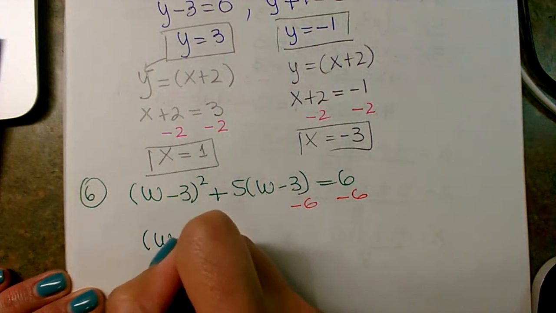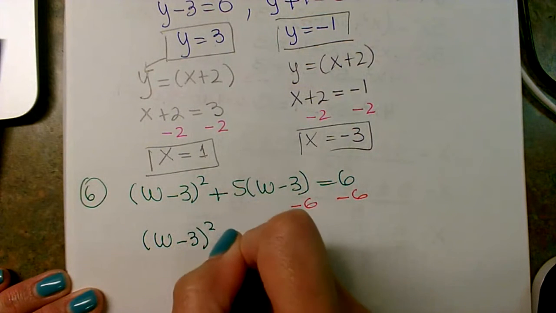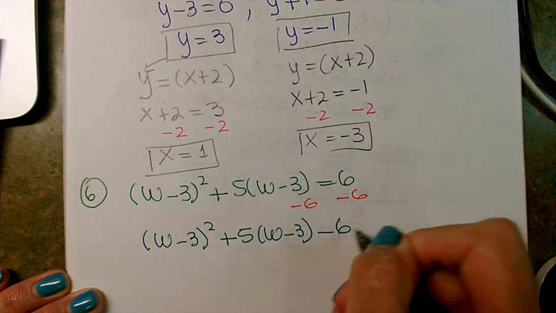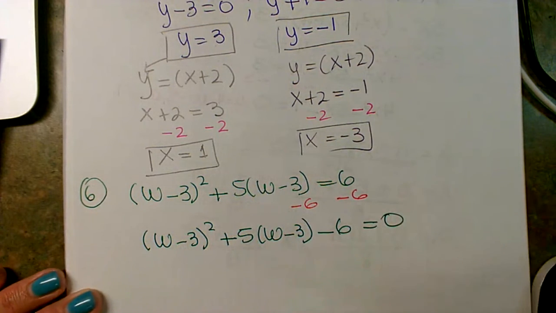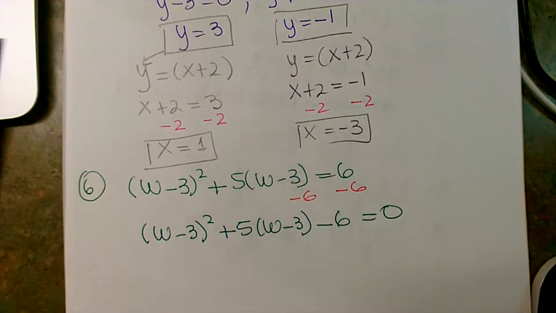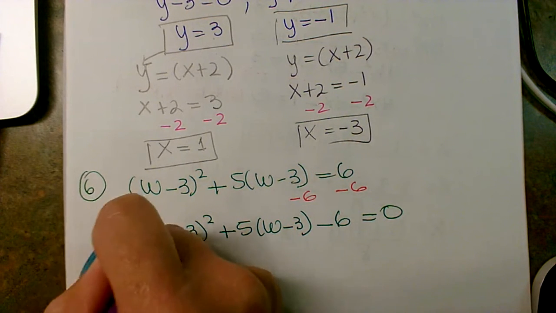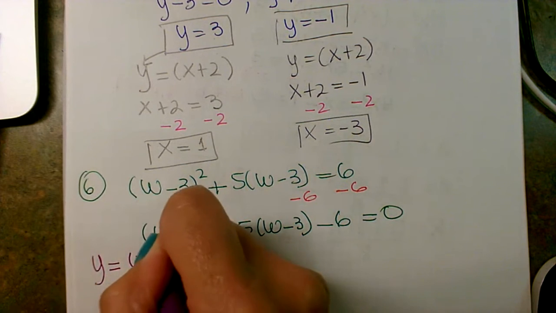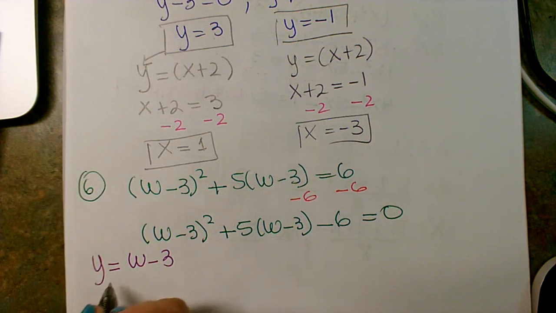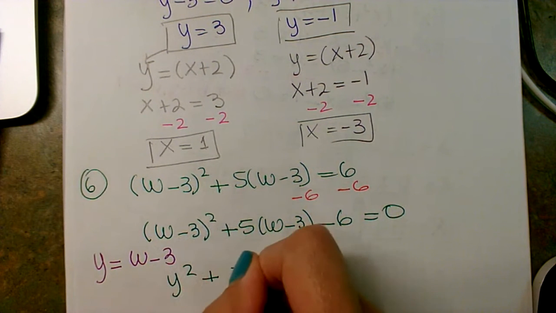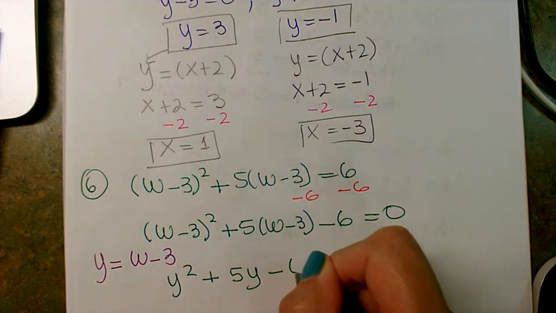So it's going to be W minus 3 squared plus 5 minus 3 minus 6 equal to 0. There we go. Now we're going to let y equals to W minus 3. So if we do that, this is going to be y squared plus 5y minus 6.